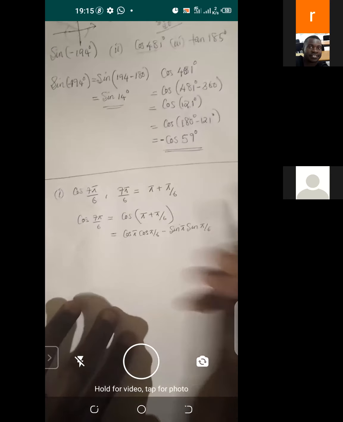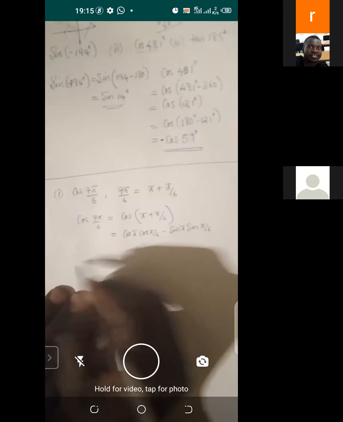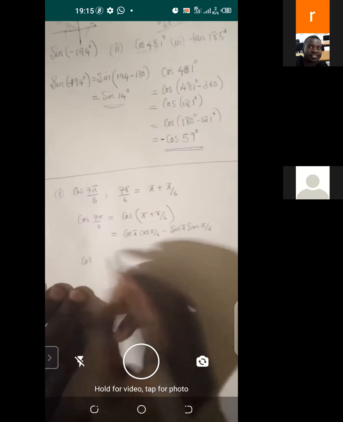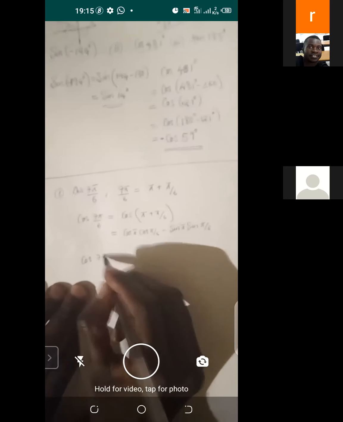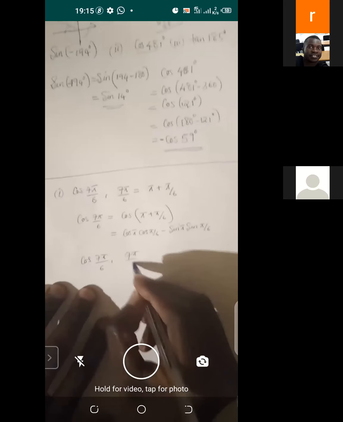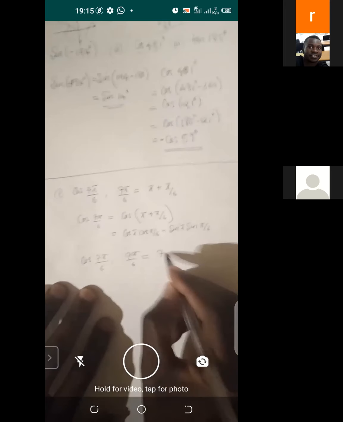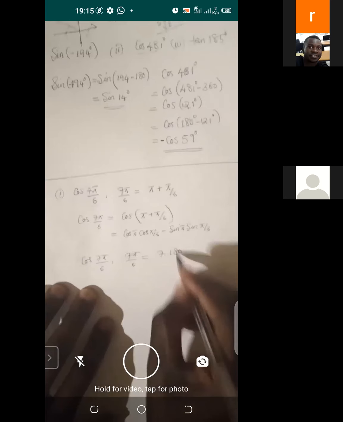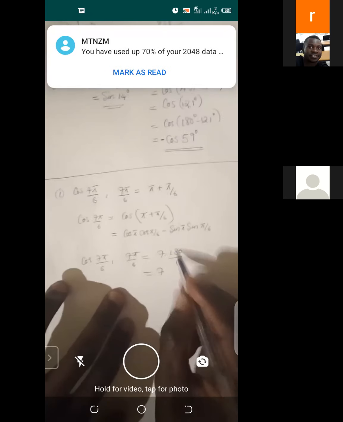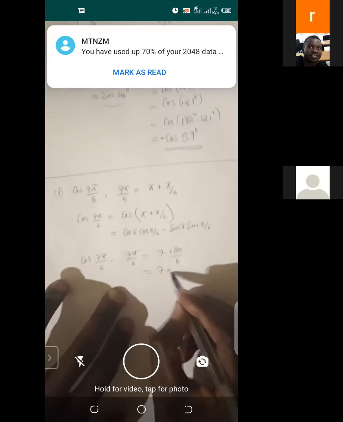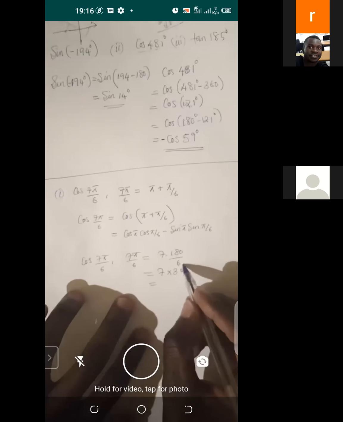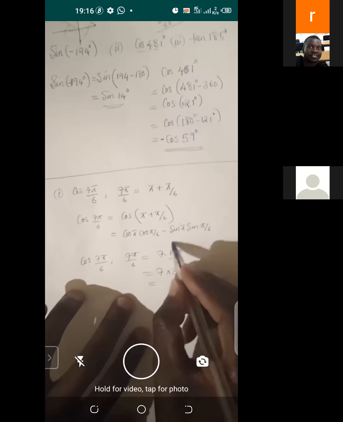If you convert this to degree measure, you have cos 7 pi over 6. But 7 pi over 6 is equal to 7 times 180 over 6, which is equal to 7 times 30.